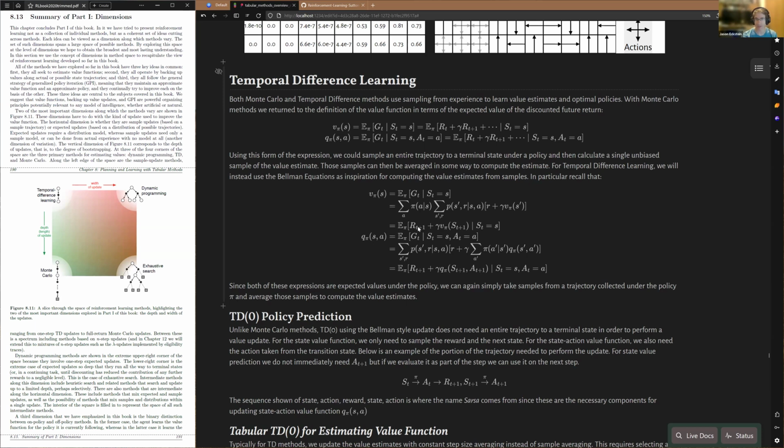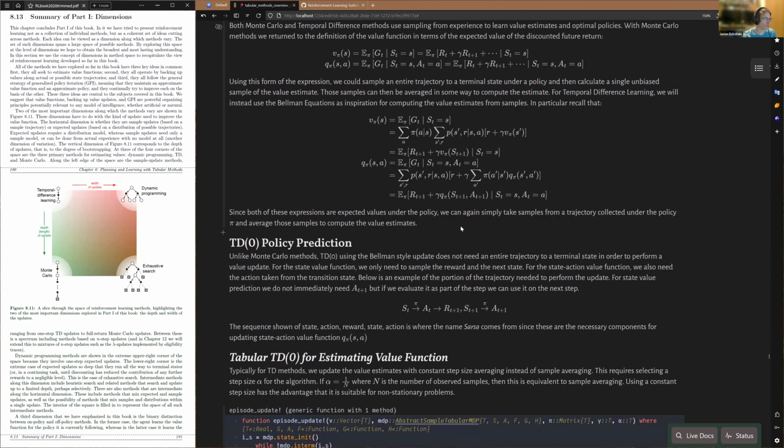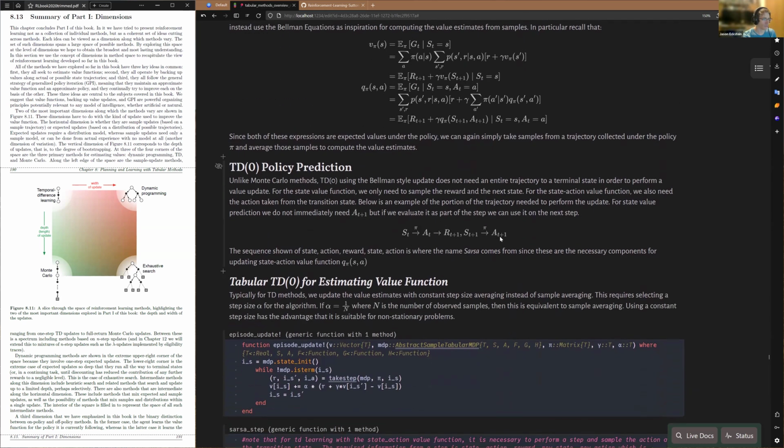But now what we need to sample is a little different. Here we can see we need one reward example, and then we need some existing value estimate at the transition state. We could get this from a trajectory too, and this is what it would look like. We would have a state at time t. We could sample an action from a policy, get R and the next state, and then sample the action from the next state.